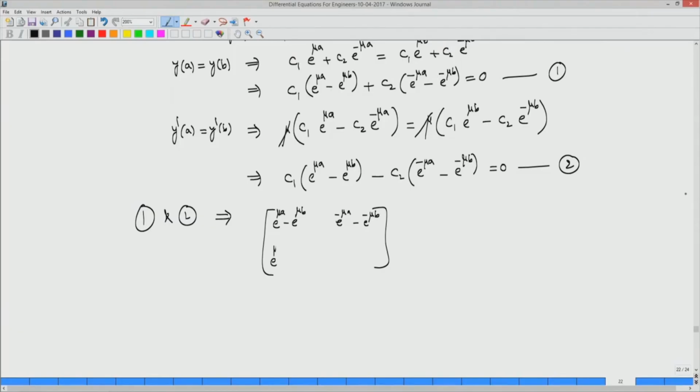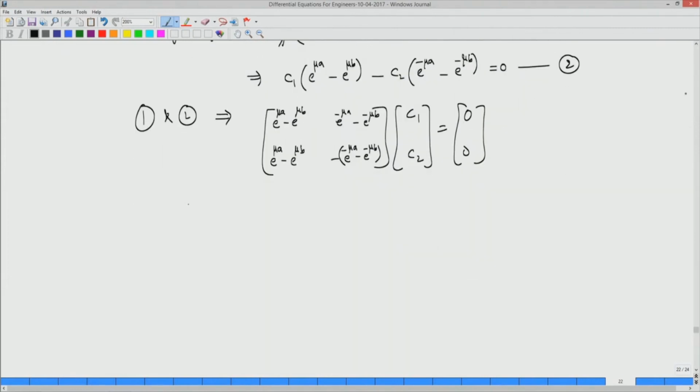Similarly in the second row, multiplying C1, C2 equal to 0, 0. So, you want to get a non-zero solution C1, C2 here.